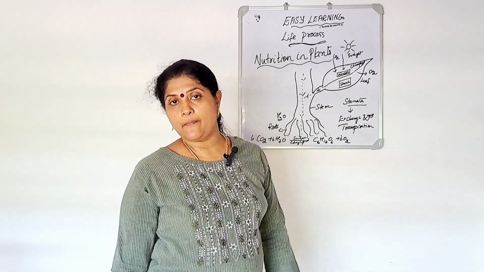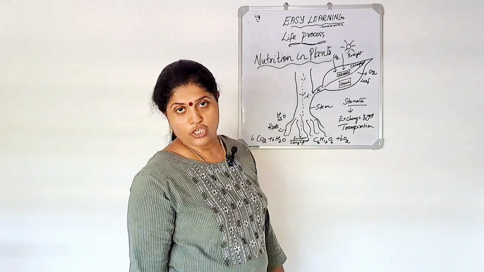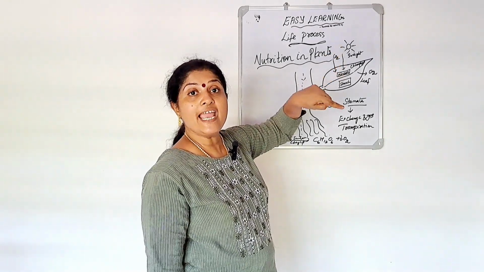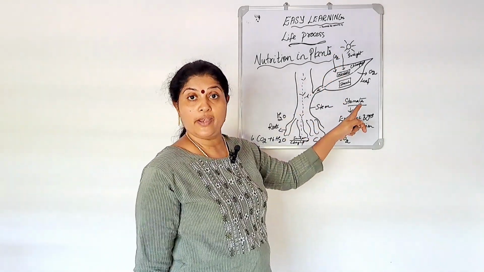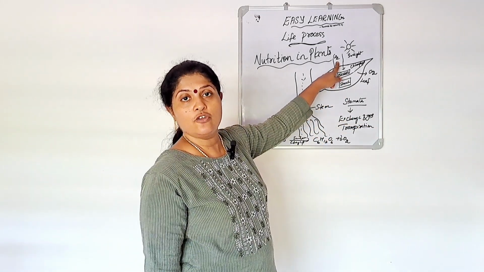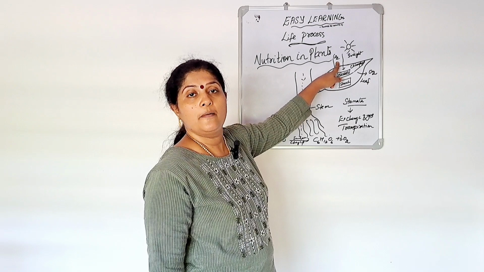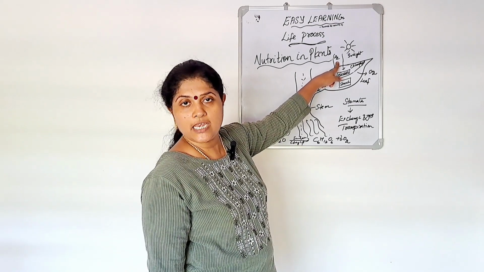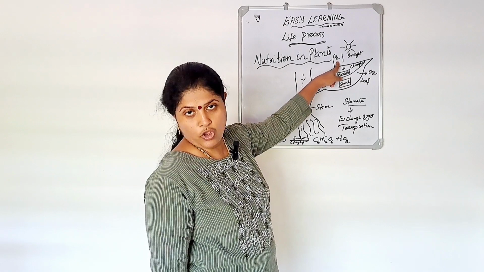Next, the third step is the reduction of carbon dioxide by hydrogen. Here the water is split into hydrogen and oxygen, isn't it? You have studied reduction in chemistry in 10th standard, first chapter, chemical reactions and equations. What is meant by reduction and oxidation?